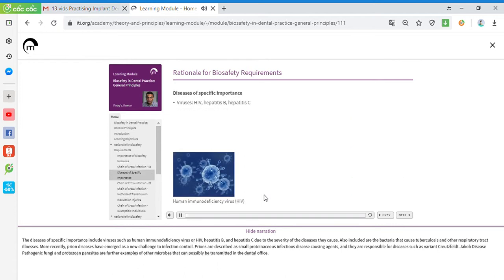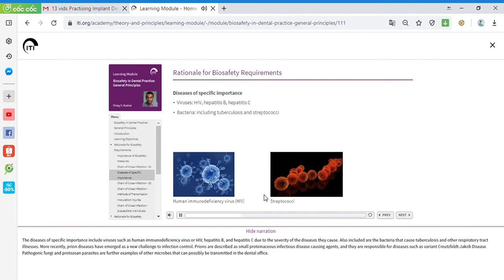The diseases of specific importance include viruses such as human immunodeficiency virus, or HIV, hepatitis B, and hepatitis C, due to the severity of the diseases they cause. Also included are the bacteria that cause tuberculosis and other respiratory tract illnesses.